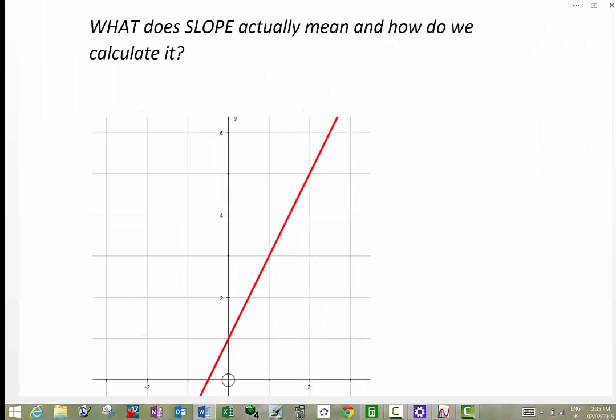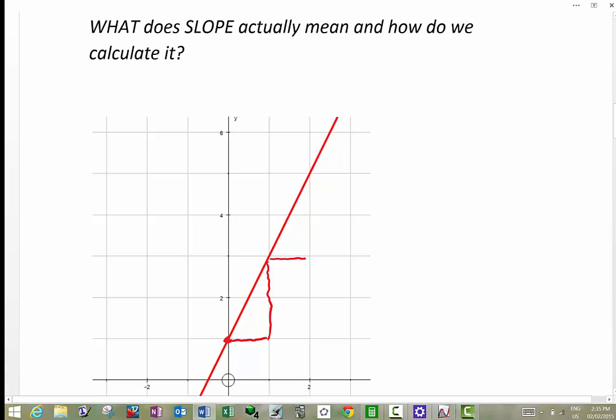Of course, the y-intercept is obvious. It tells us where the line cuts the y-axis. But what does the slope actually mean? Well, the slope is how fast the line is rising, the rate at which the line is increasing. So if we consider where it crosses the y-axis here, if we go 1 unit across, it takes us 2 units up.